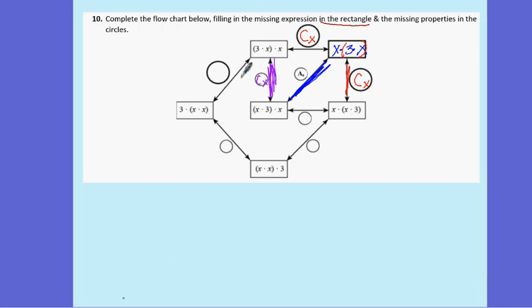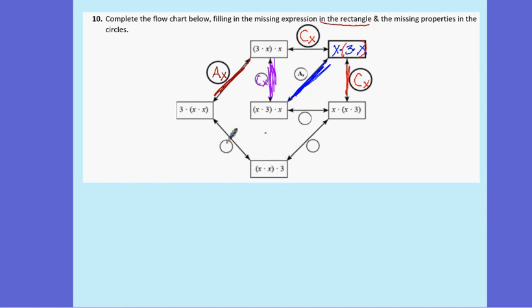Let's look this way. 3xx, 3xx. No change in order, but I did change from grouping 3 and x together to x and x. A change in group is associative property of multiplication. Let's look for a change in order again. 3xx, xx3.